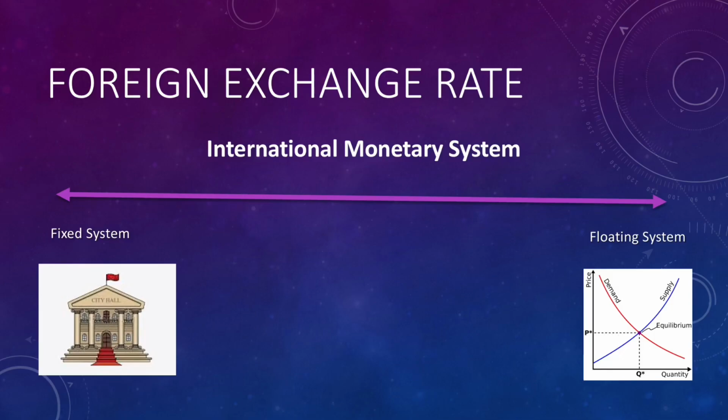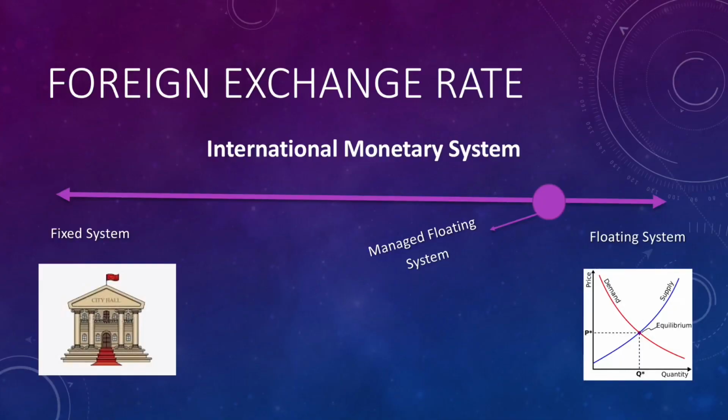On one end, we have the fixed system, which lets the government set the price for one currency to another. Very few countries utilize this. And on the other, we have the floating system, where we let the laws of demand and supply take over when it comes to setting the currency's exchange rate.